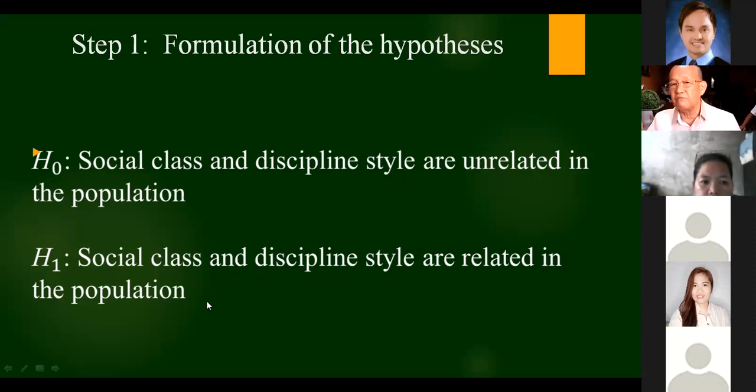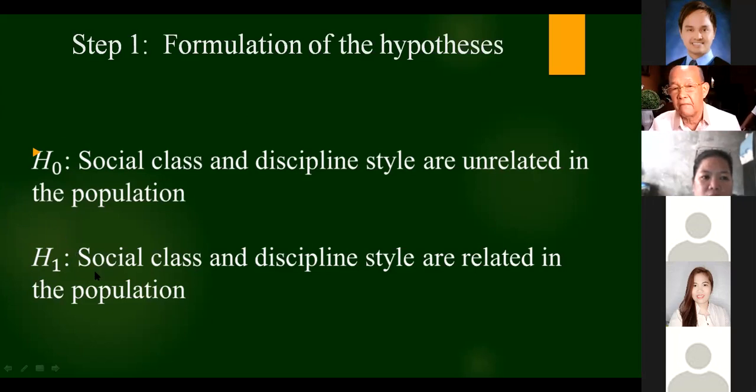If the computed value is greater, anong decision natin? If the computed value is greater than the critical value, what is our decision, my dear co-teachers? Reject the null hypothesis. Conclude in favor of the research hypothesis.